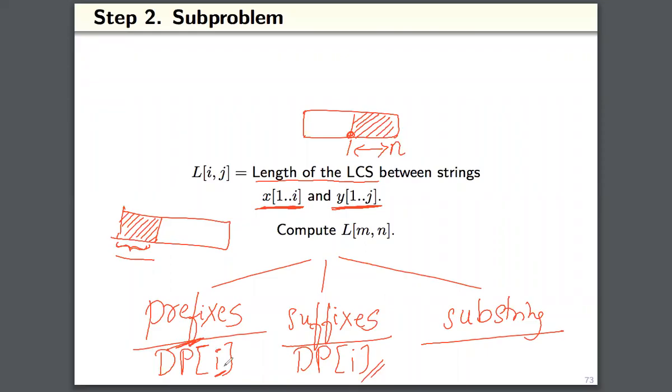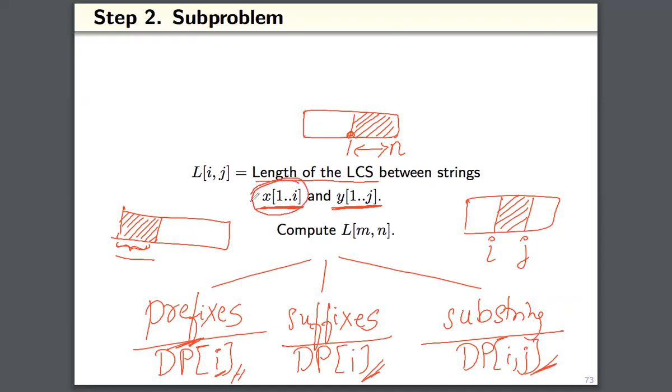So you can construct a dp table based on this. Substring means for a given string, the substring from ith character to jth character. So dp of i comma j. This is for one string, and this can be the subproblem. So there are three types here. Can you tell me what type is used here?